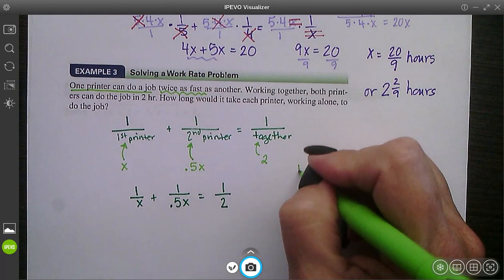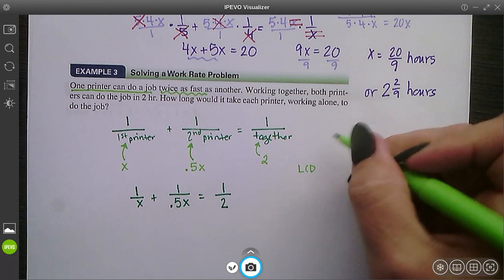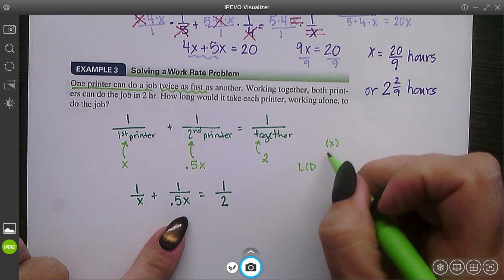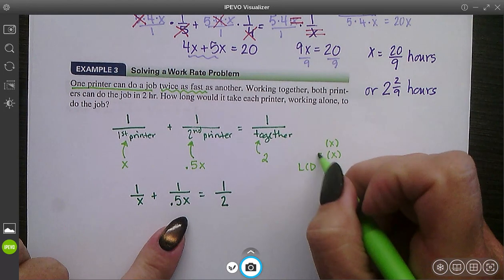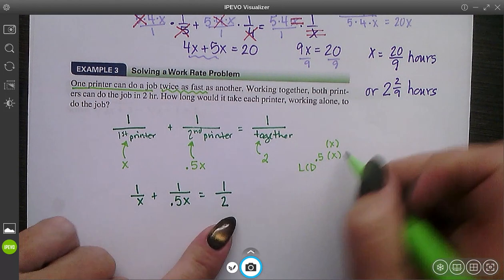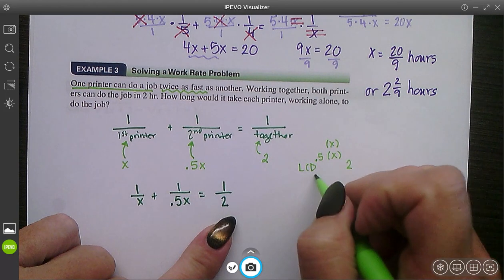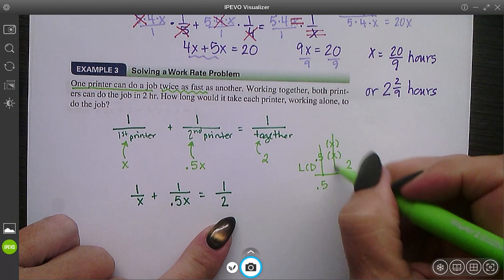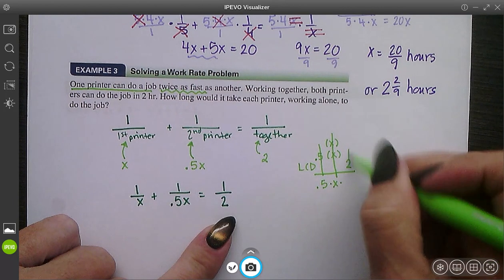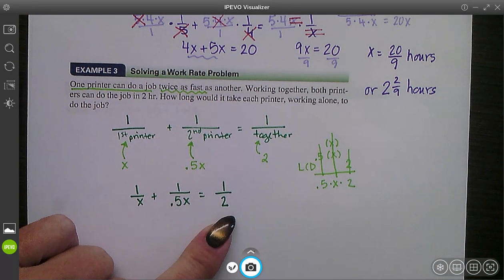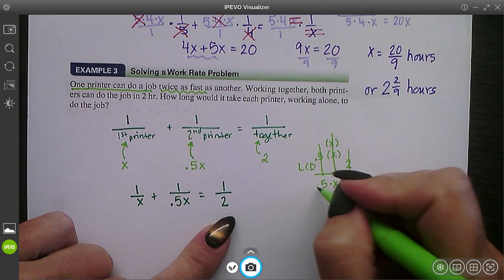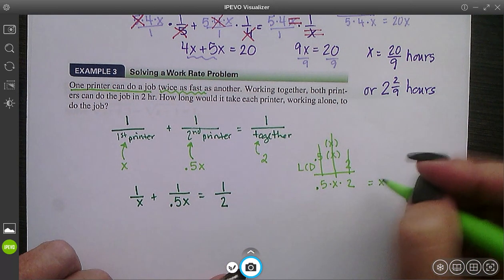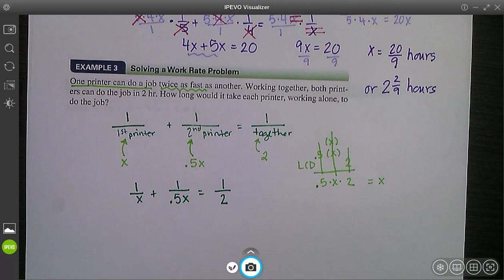Let's get our LCD. So one of my denominators is x, one is 0.5 times x, and the other is 2. So the LCD is going to have 0.5 and x and 2. So 0.5 times x times 2 is my LCD, which actually works out just to be x because 0.5 times 2 is 1.